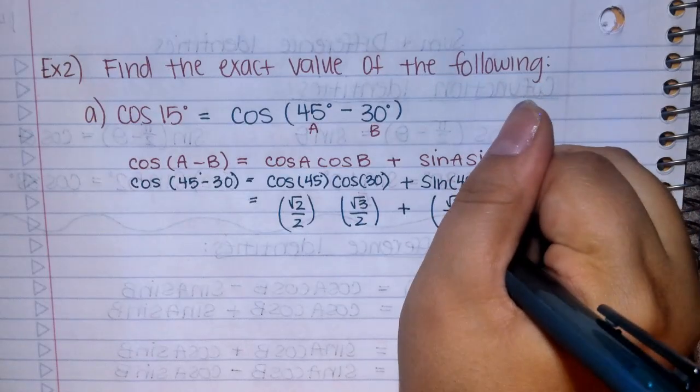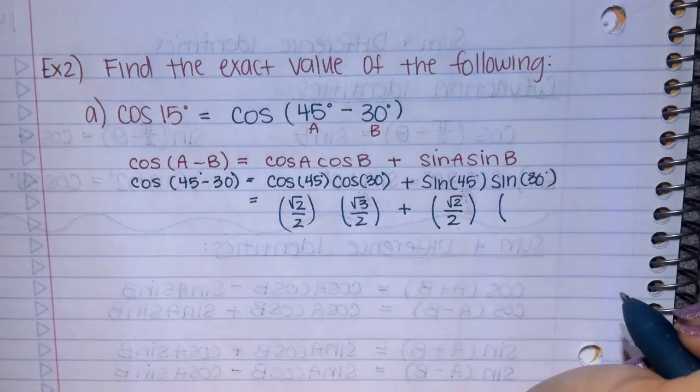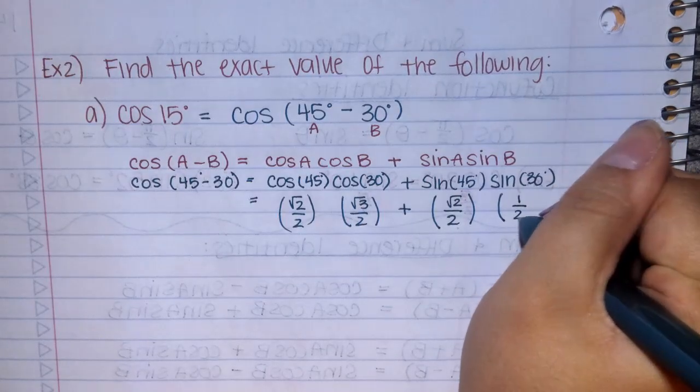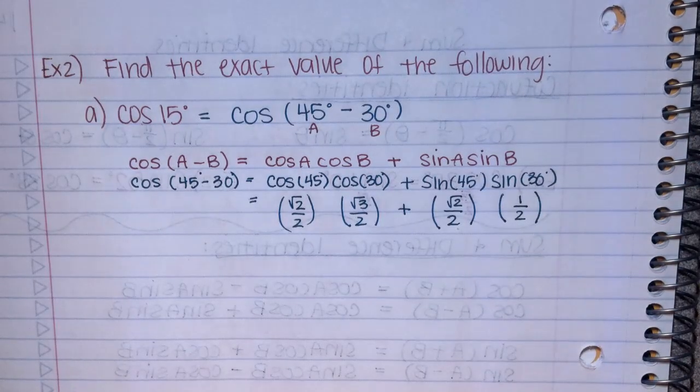Your unit circle is not going away. And what's the sine of 30 degrees? What questions do I have so far? None. What do I do next?